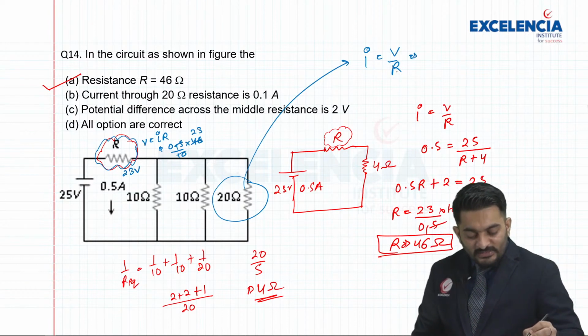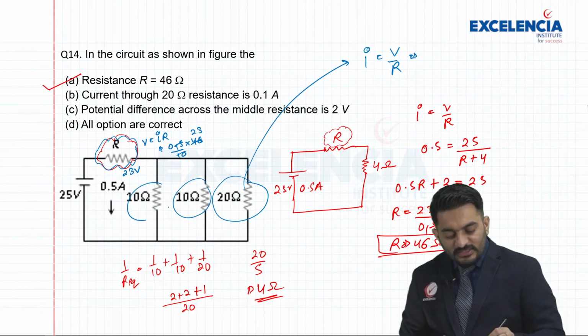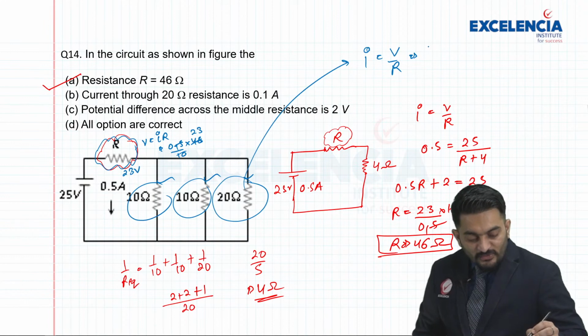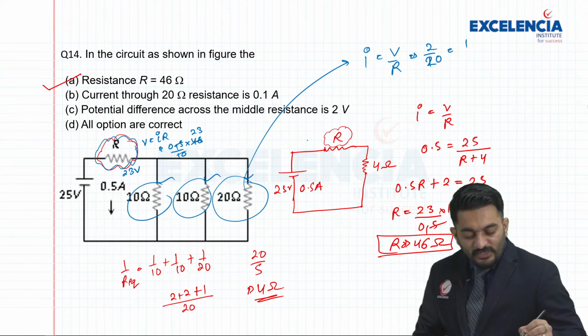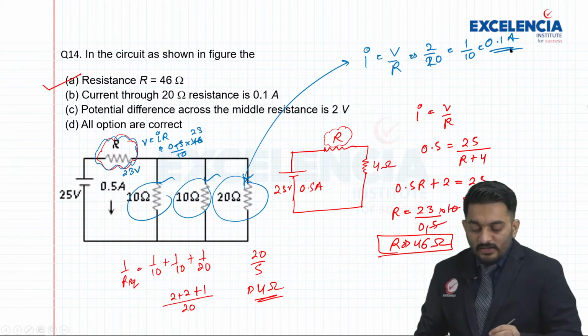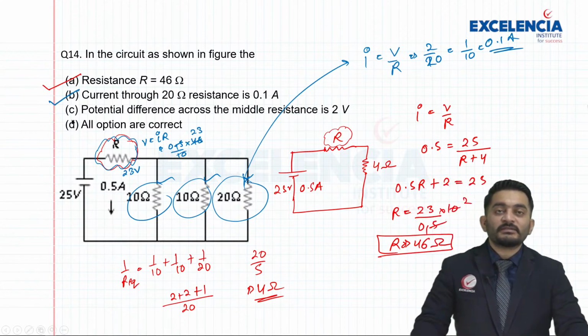So the remaining voltage for these three which are connected in series is going to remain the same. When you write 2 by 10, the answer is, 2 by 20, because resistance is 20. So the answer will be 1 by 10, which is 0.1 amp, absolutely correct. So I think my second option is also correct, guys.